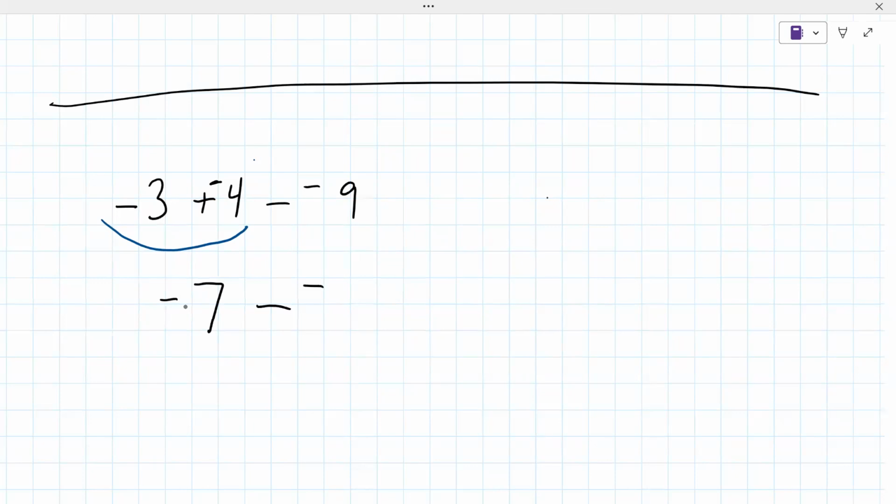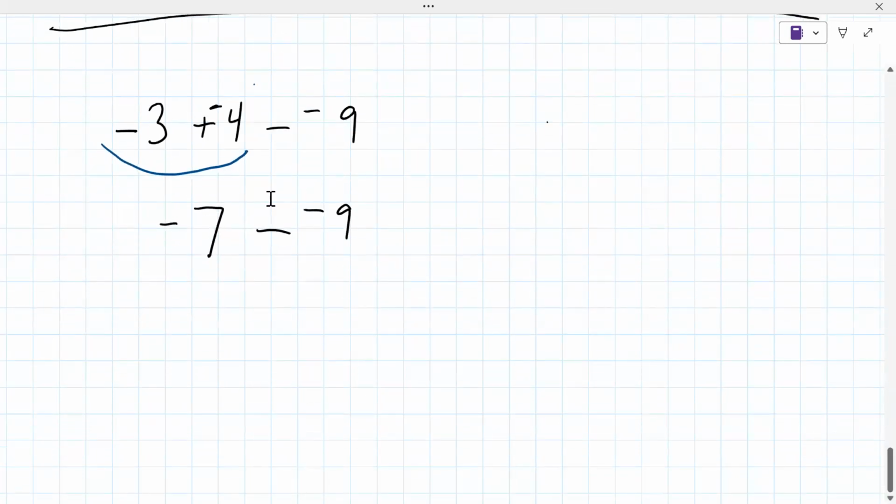And then you got minus a -9. So double negatives become positive. -7 plus 9. Could you simplify that for us, please? So it'll be negative, wait, no, +2. Yes.